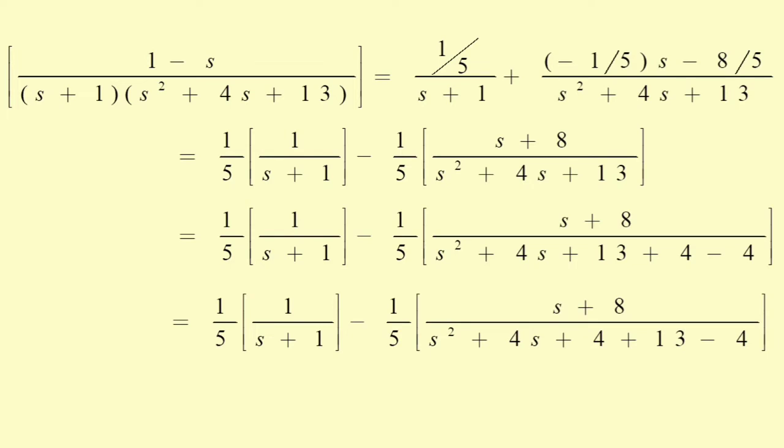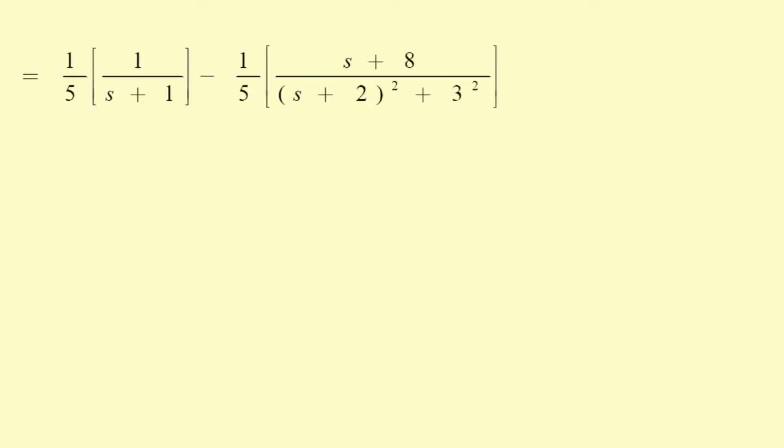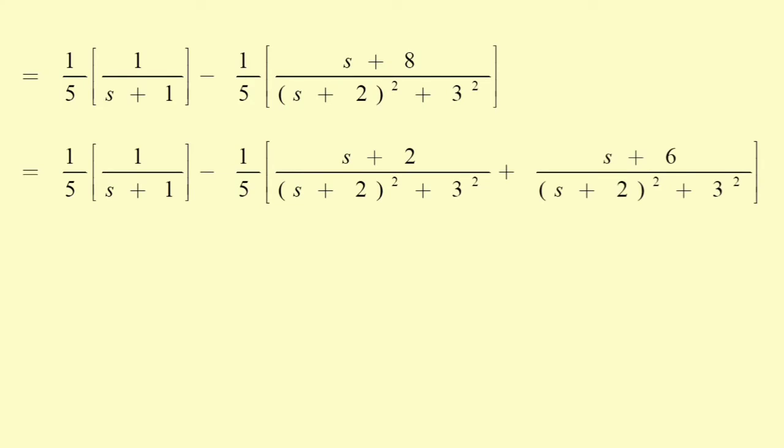So we get 1 by 5 into s plus 8 divided by s squared plus 4s plus 4 plus 13 minus 4. Now considering only s squared plus 4s plus 4, this is nothing but a plus b the whole squared. Now this can be written as 1 by 5 into 1 by s plus 1 minus 1 by 5 into s plus 8 by s plus 2 the whole squared plus 3 squared.